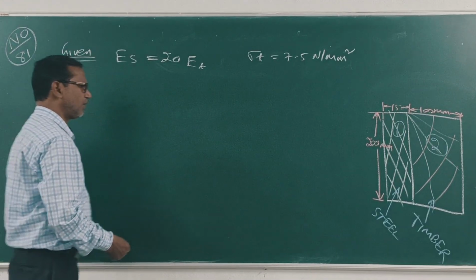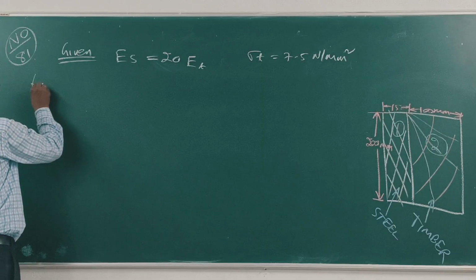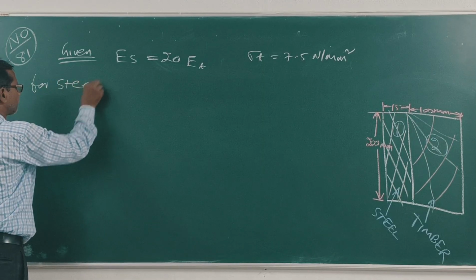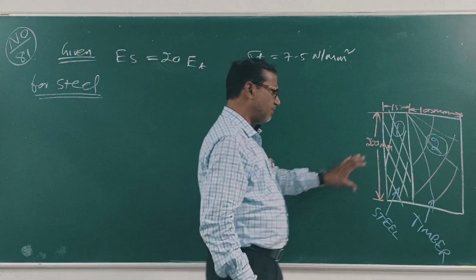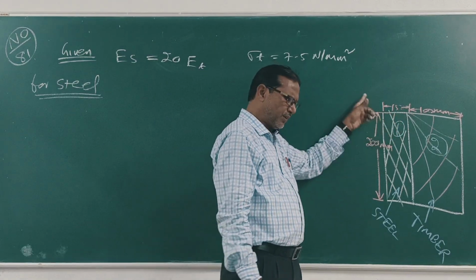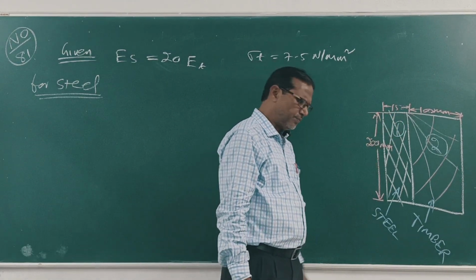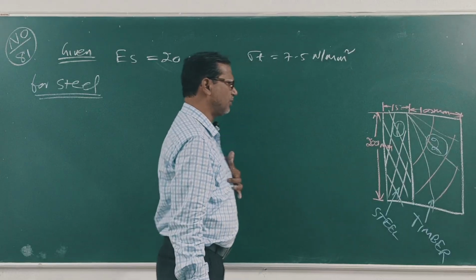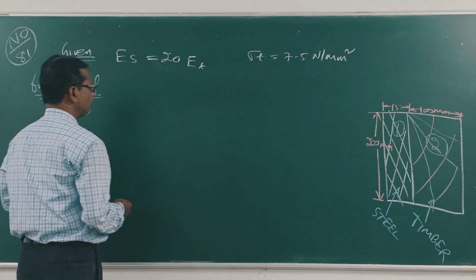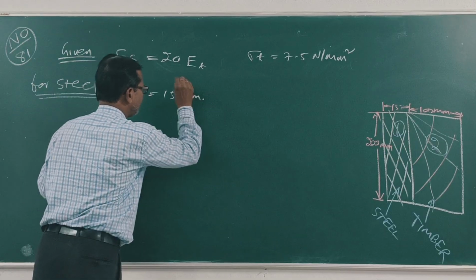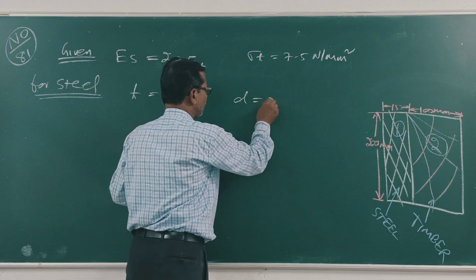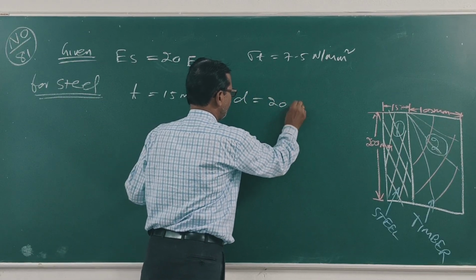Right, now for steel, this is steel, thickness 15 mm, depth 200 mm. Clear? Now, t is equal to 15 mm, depth d is equal to 200 mm.